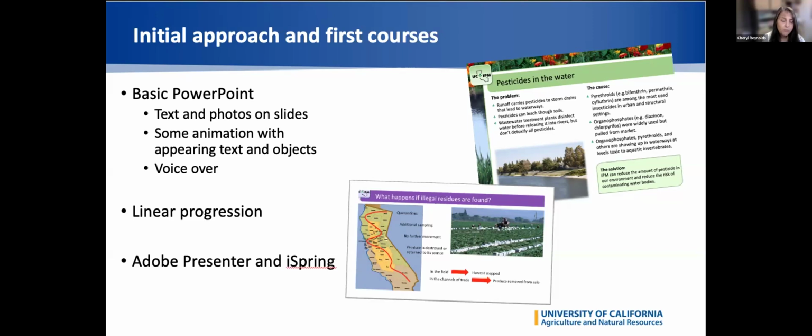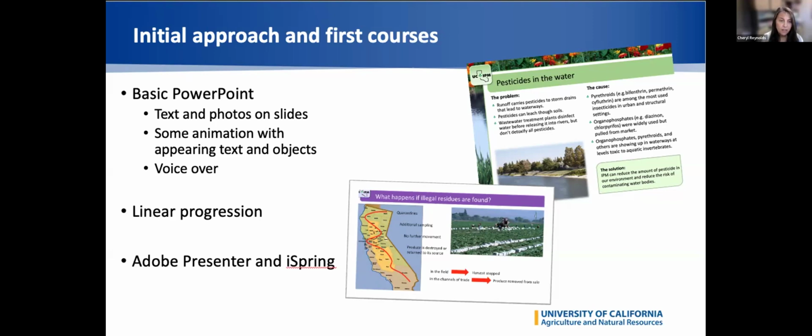Our beginning courses used Adobe Presenter, a plugin to PowerPoint. Then in about 2015, we switched over to iSpring, also a plugin to PowerPoint, but with a few more features.